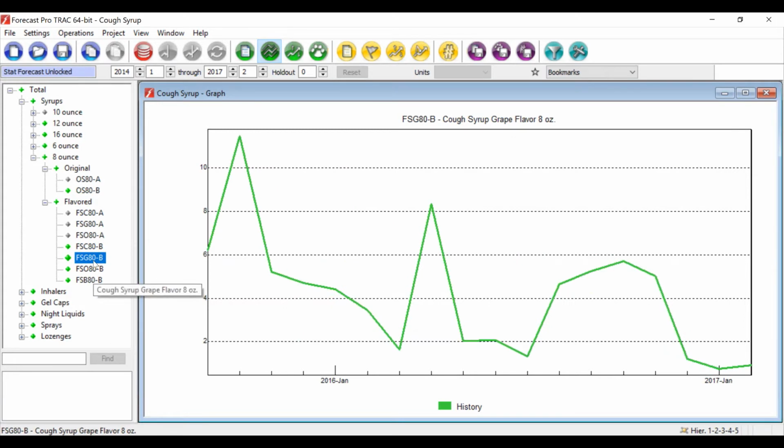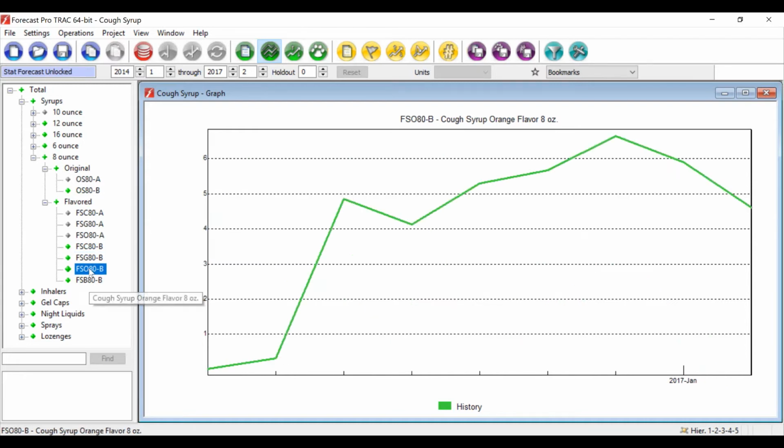One of the things that you might notice here is that all of the new products have a short data history. Most of them under a year, all of them under 2 years. So this is a very seasonal category, and at that item level, that seasonality is not going to be captured if we forecast at that item level.